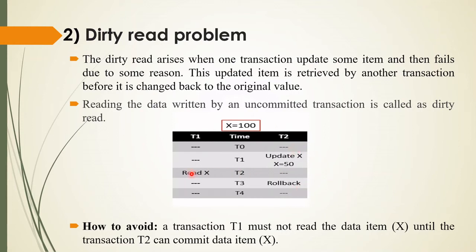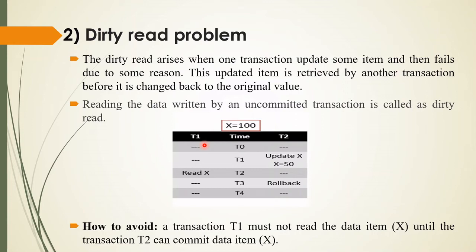So what happened is that data written by an uncommitted transaction was read. Here transaction T2 is uncommitted, and transaction T1 read the data from that uncommitted transaction. This type of problem is known as a dirty read problem. How to avoid this problem? A transaction T1 must not read the data item X until transaction T2 commits it. If T2 is successful, then it is committed, and only then T1 must read the data.